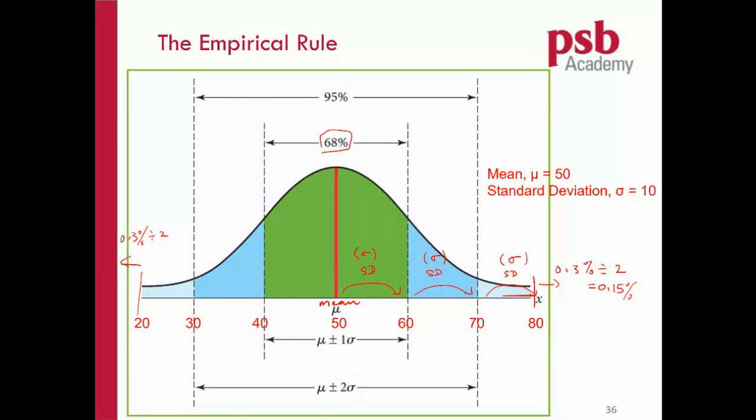I repeat, you have a 68% chance that you will pick a number between 40 and 60 because it says so. Then you have a 95% chance of getting a number which is between 30 and 70. Right, so this is the empirical rule.